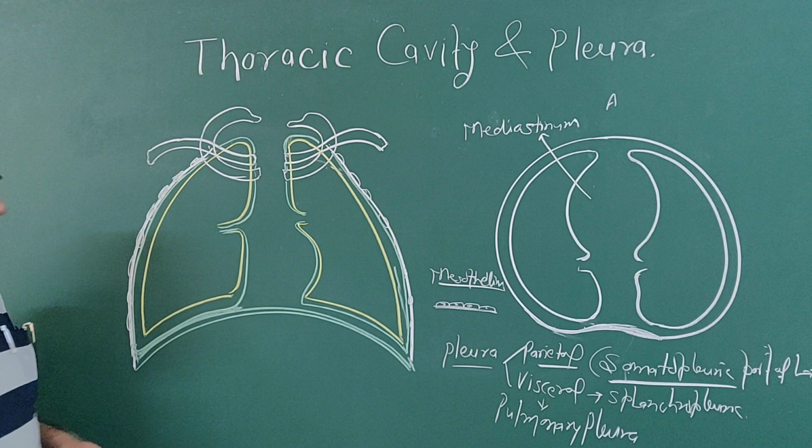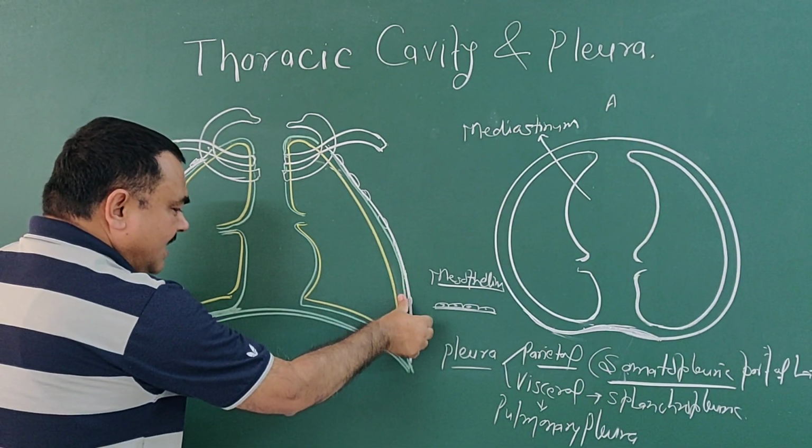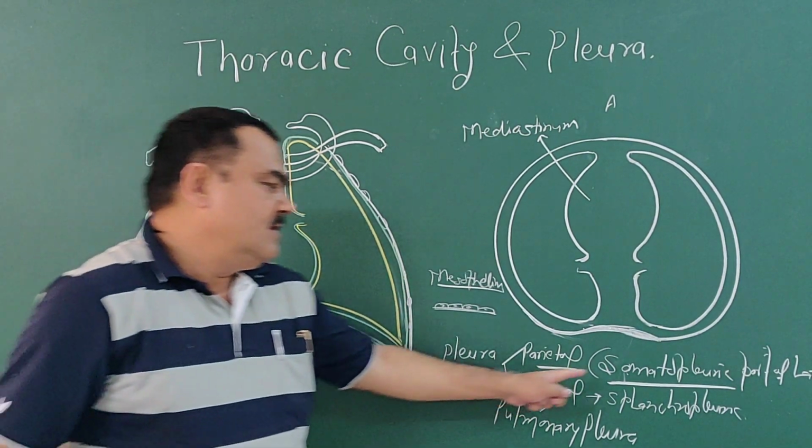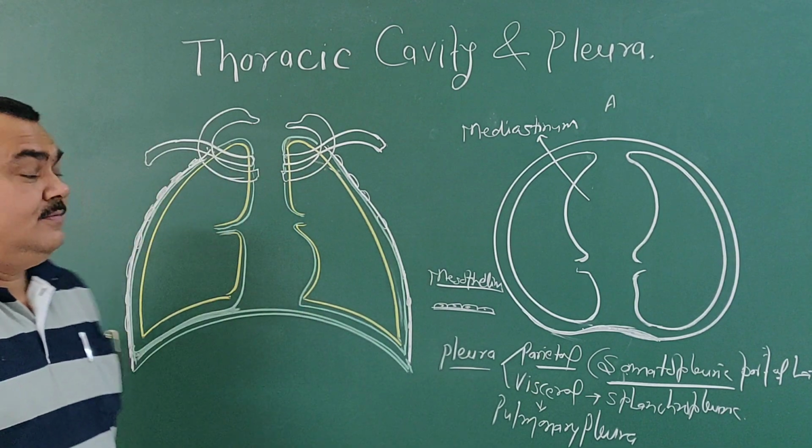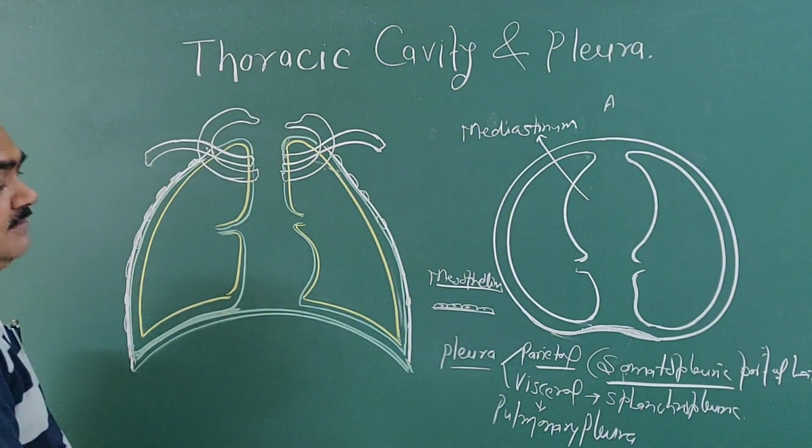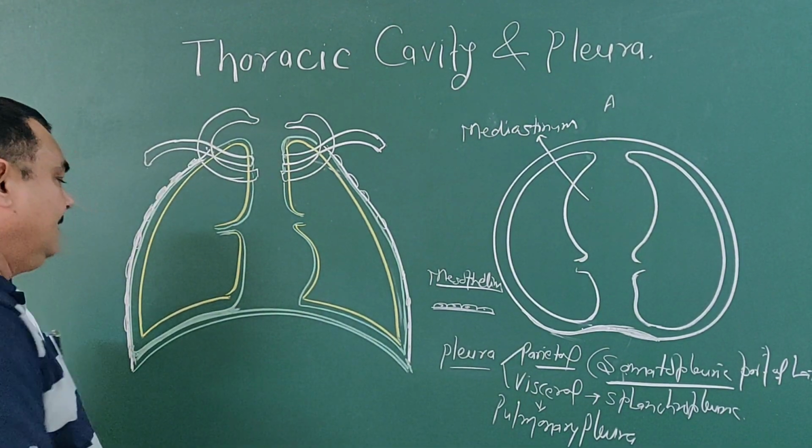So this is the parietal layer. The parietal layer is the pain sensitive layer, and it develops from the somatopleuric part of the lateral plate mesoderm.